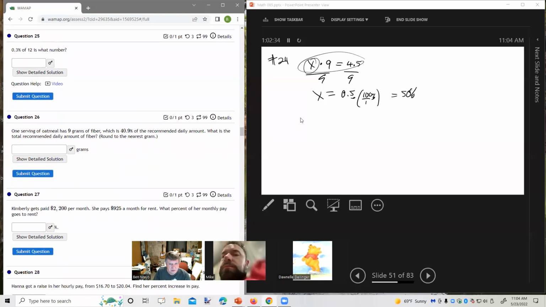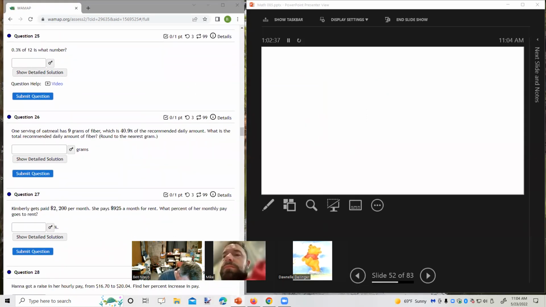All right, let's take a look at 25. 0.3% of 12, let's see, 0.3%, that would be, if we converted that into a regular number, we'd have what? 0.3 over 100.